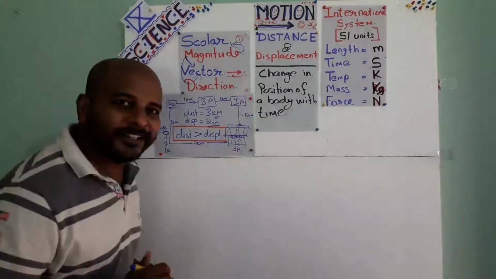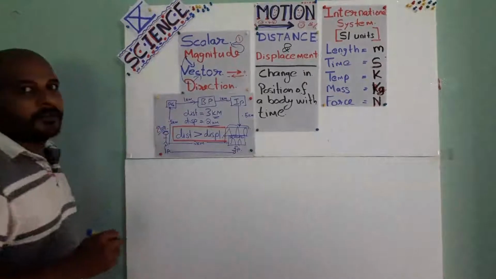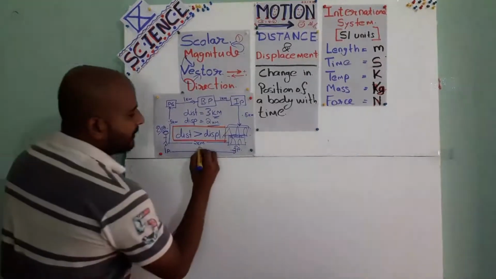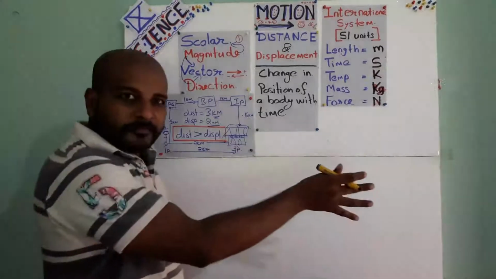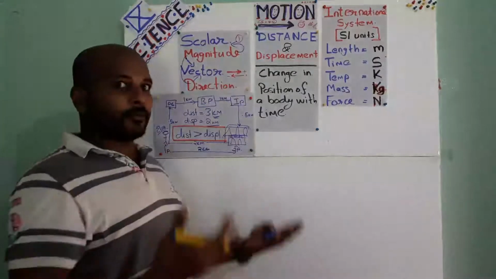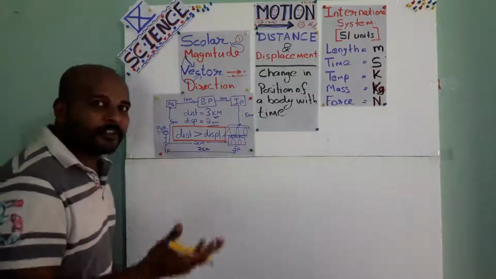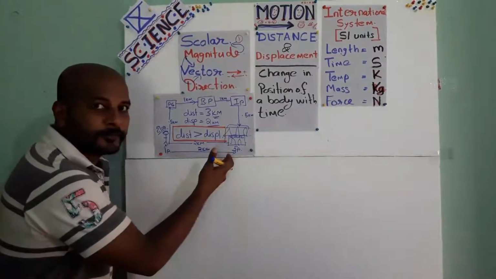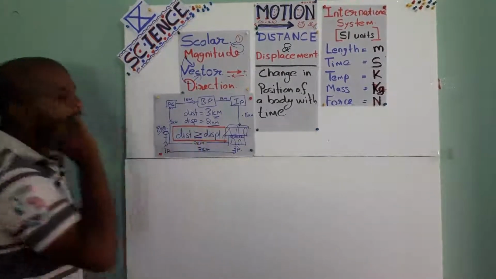So the next day Elsa went directly to school. The distance she travelled was 2 kilometers, straight. She didn't go here and there. She became a good girl. So here the distance and the displacement are the same, 2 kilometers.